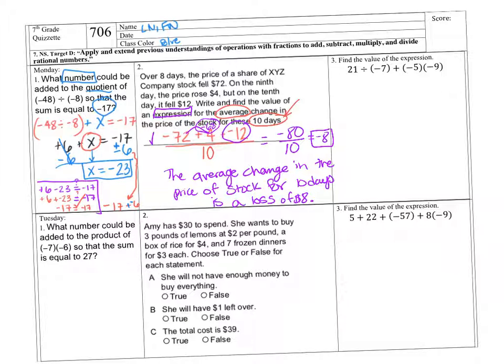So 21 divided by -7 is -3, plus -5 times -9 is positive 45. And these are addition and subtraction, so they're different signs, so you have to subtract them. So that's 42. Keep the sign of the bigger number, and it's positive. So positive 42.